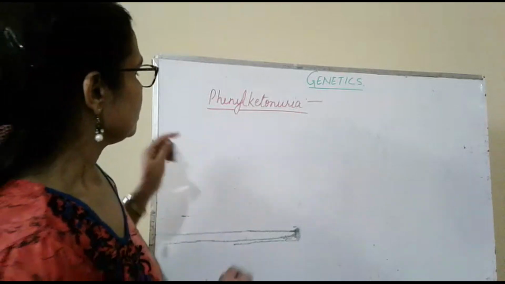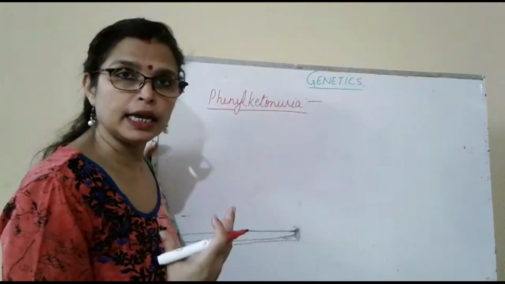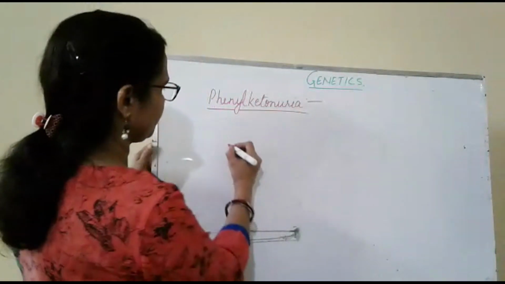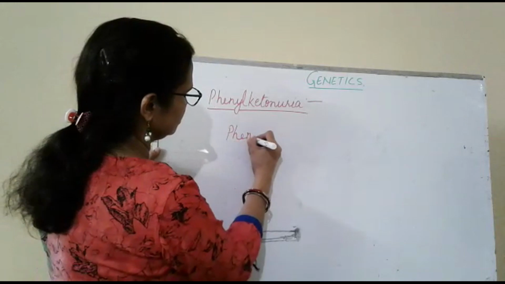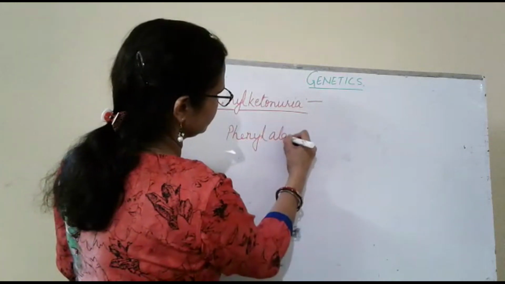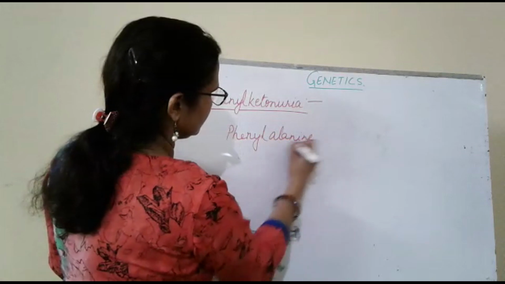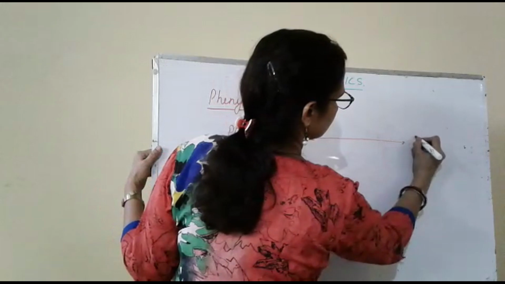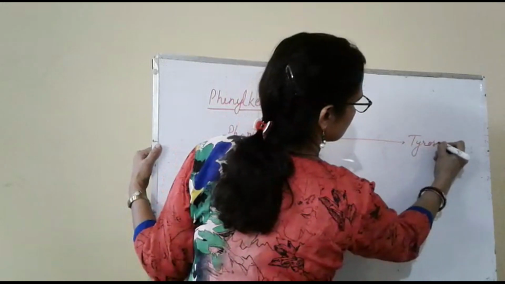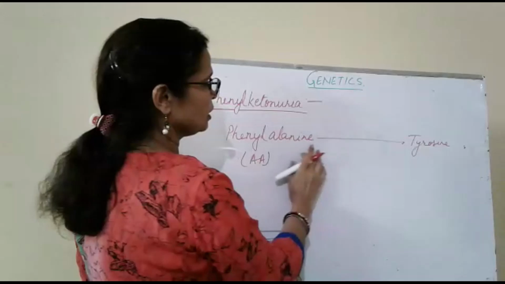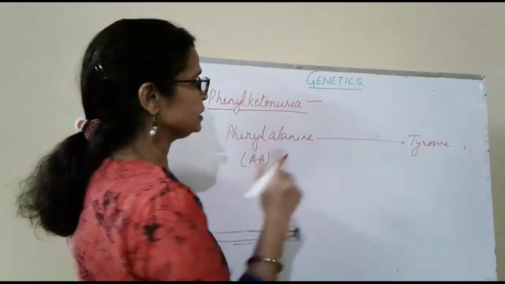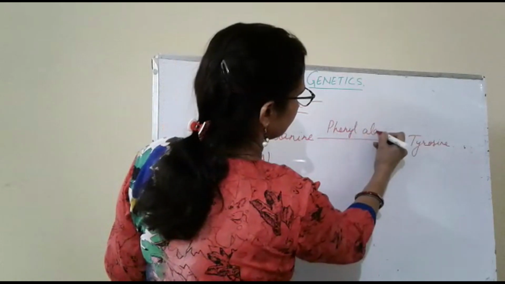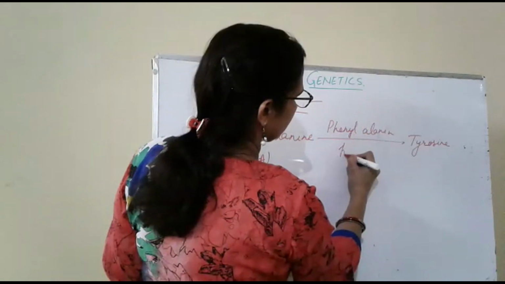Normally in the liver, the amino acid phenylalanine is converted into tyrosine, which is another amino acid, with the help of an enzyme, that is phenylalanine hydroxylase.